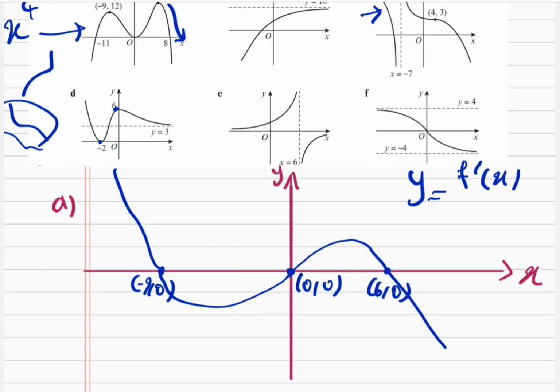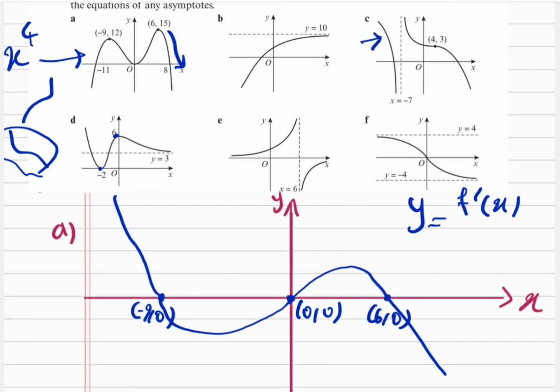Then maybe it's the kind of challenging part of the question. So from 0 to plus infinity, the curve has a negative gradient, so it has to be below the x-axis. But also remember that here there is the asymptote at y is equal to 3, which means the curve tends to the line y is equal to 3, which means its gradient tends to 0.